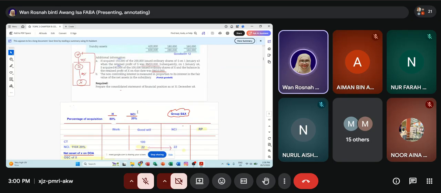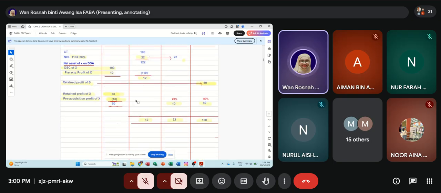I think you did this already in a previous lesson. So the post-acquisition profit is 50,000. You need to divide this 50,000 by NCI and group portions.